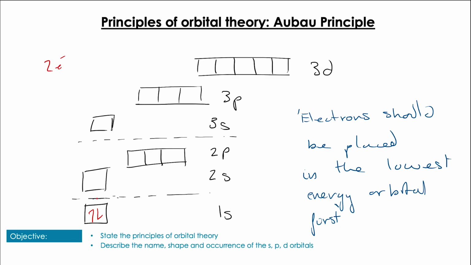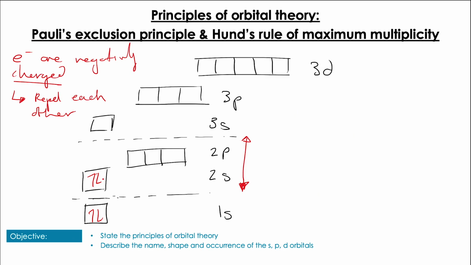However, there are a couple of other principles we need to take into consideration when we're filling up our electrons. And these are the Pauli exclusion principle and Hund's rule of maximum multiplicity. Don't worry about all these rules, we only have to be able to do the process.